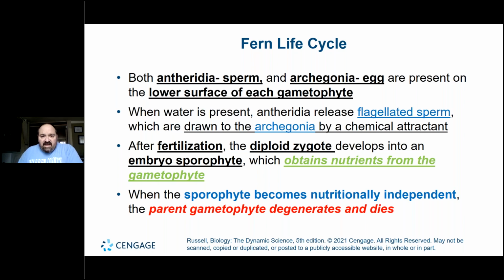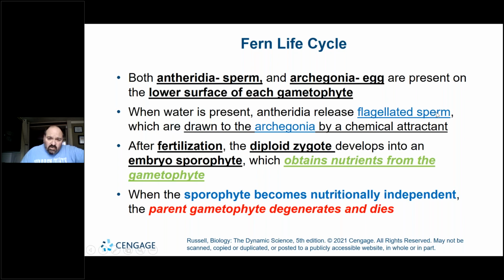So now, some terms you need to know: antheridia, archegonia, right? The production of the sperm and the egg, present on the lower surface of each of the gametophytes, okay? And again, these are sporophyte dominant, okay?